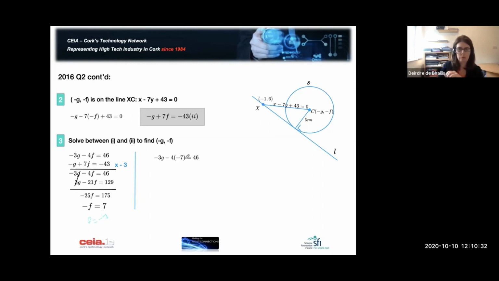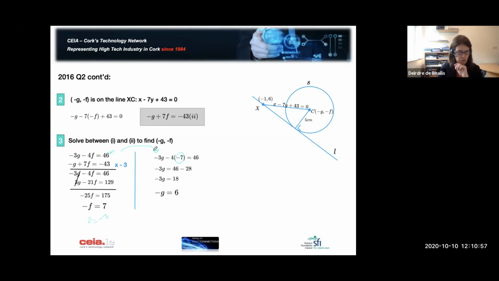And so that's what I'm putting into this equation here. I have picked this one just to solve for g. That gives me minus 3g is equal to 18, and minus g is equal to 6.